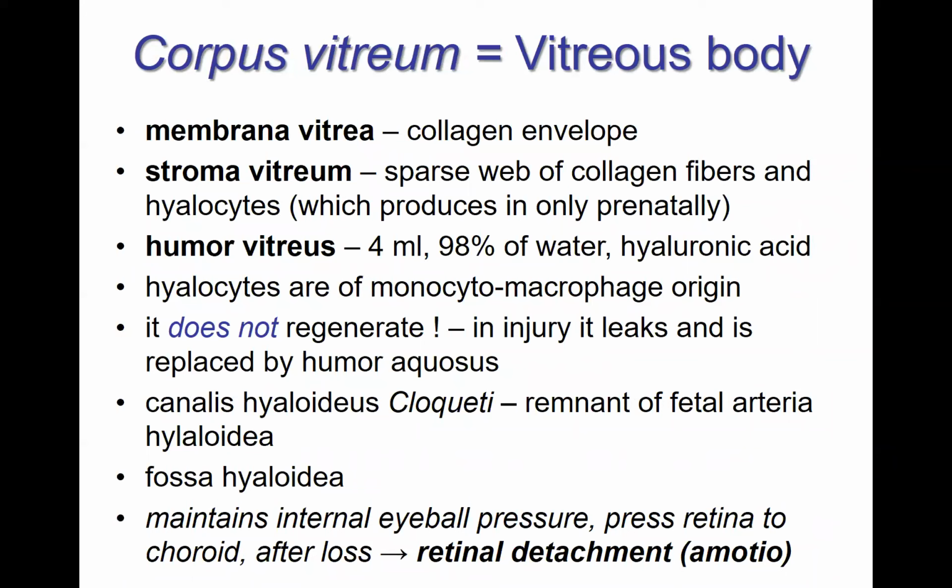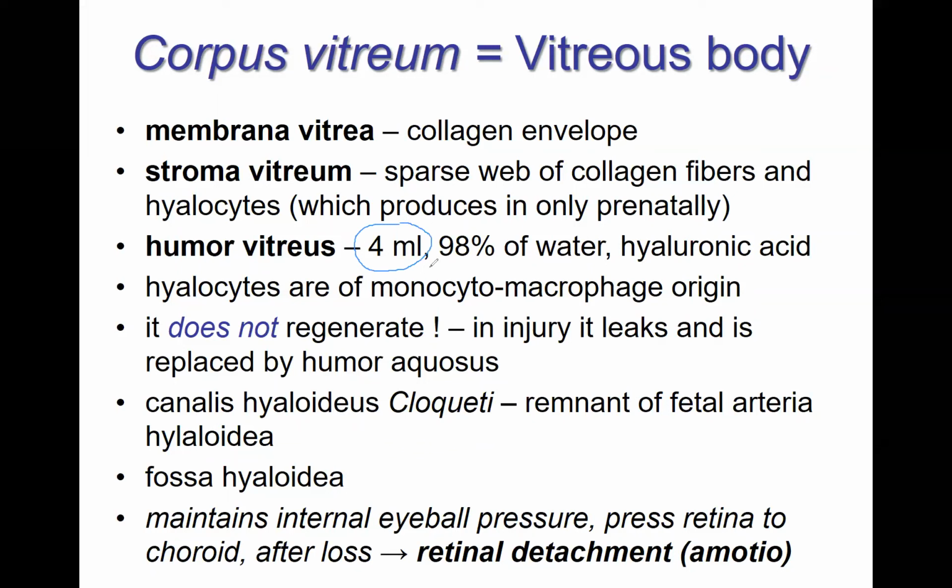And now the last information is the vitreous body. So the vitreous body is a jelly-like structure which is located behind lens. Yeah, it fills the majority of the space. So we have quite large amount of it, but the large amount means 40 milliliters.